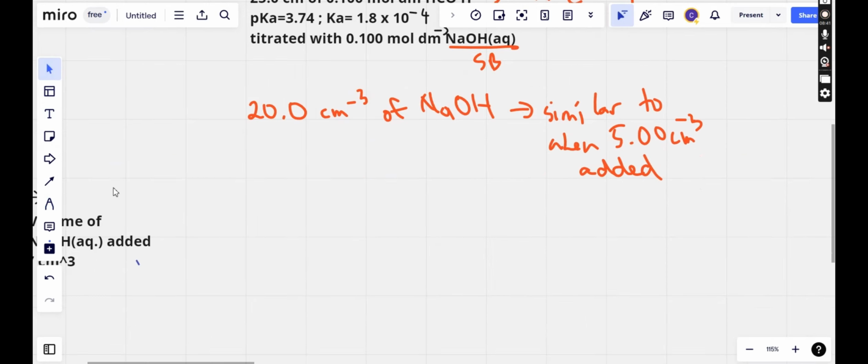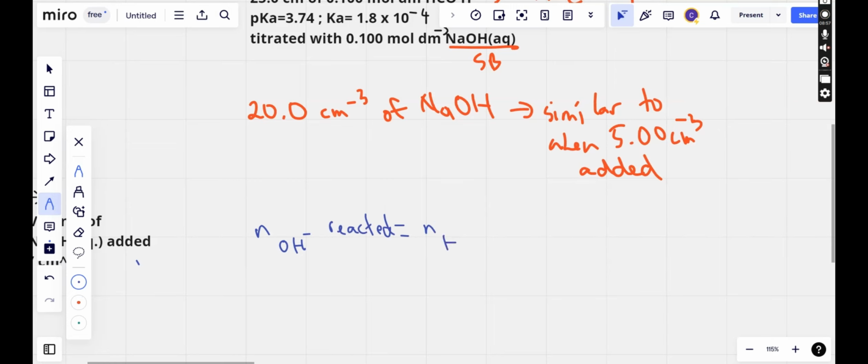So now the same thing. You calculate and switch pen. The NaOH reacted is equal to the base form, which is equal to 20.0 over 1000 times 0.100, and you will get 0.002 mole.